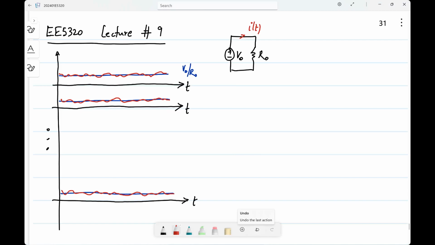It will vary around the value that you expect, and the variation will be random.